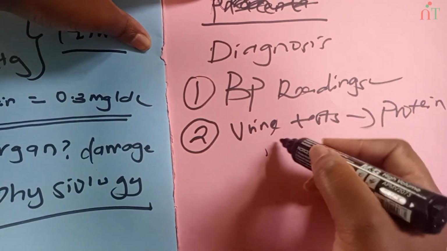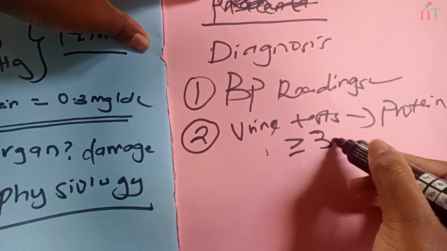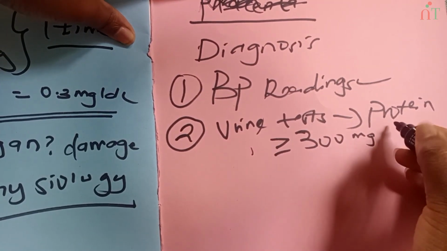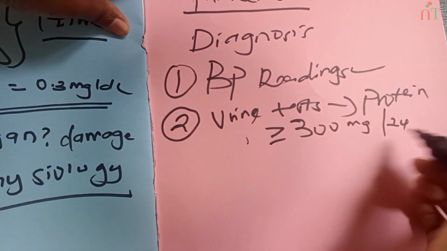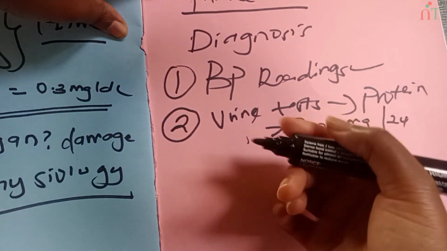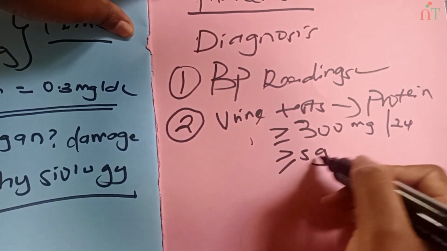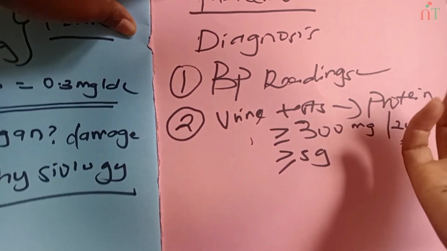In preeclampsia, I told you if the reading is greater than or equal to 300 milligrams of protein in a 24-hour urine sample, then that is a clear indication of preeclampsia. In very severe cases, severe preeclampsia, this patient may have even up to 5 grams of protein in a 24-hour urine sample.